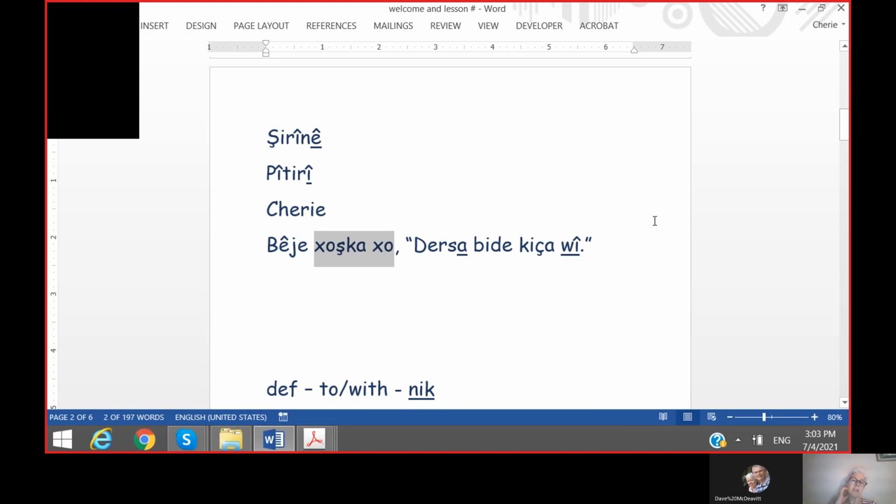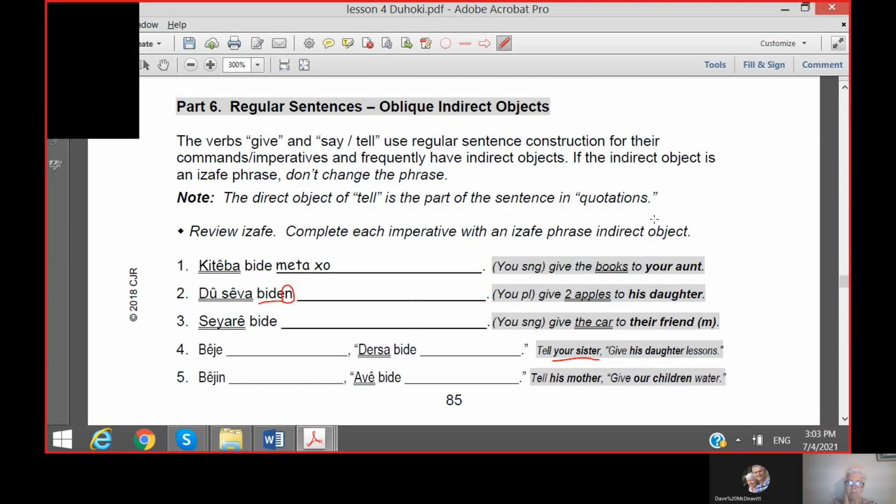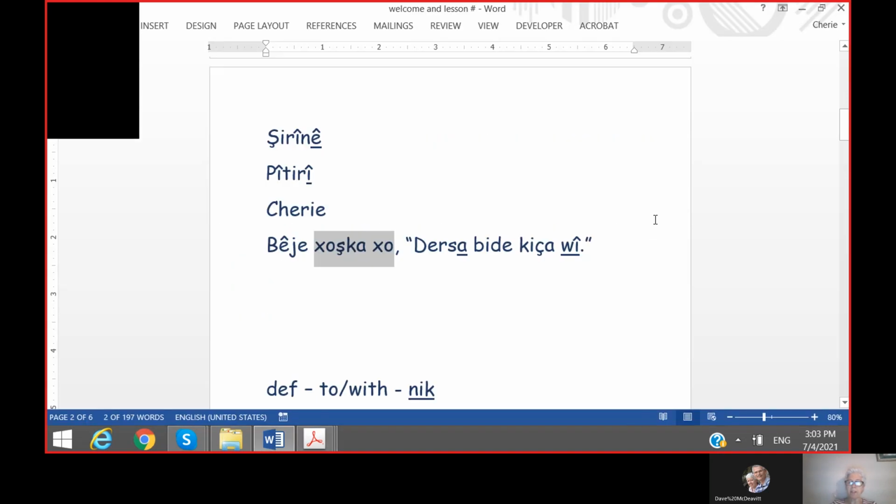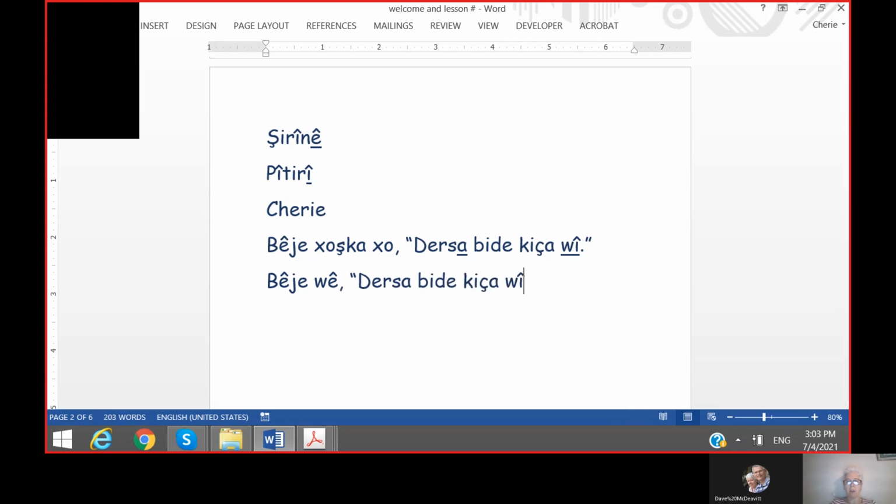Now, in this case, it's an izafe phrase, so it's not as obvious. But if I were to say, tell her, beja way, then this whole bit is the direct object.